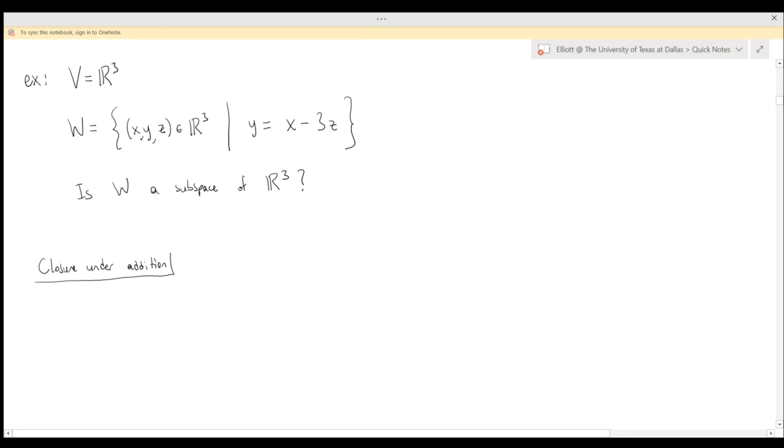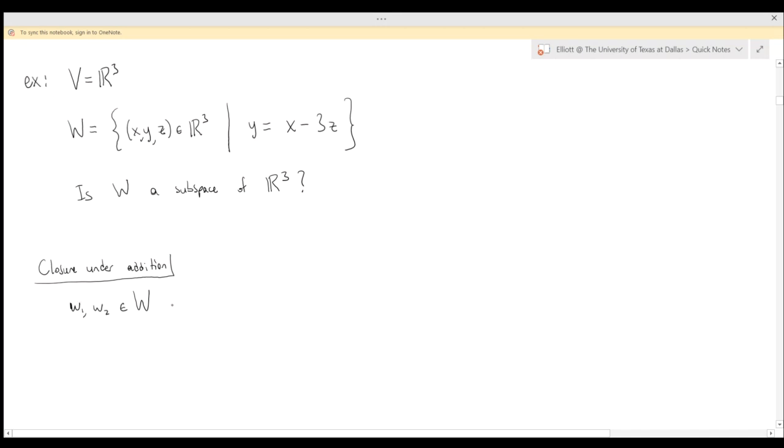So what we want to do here is pick any two elements of our set, W1 and W2.